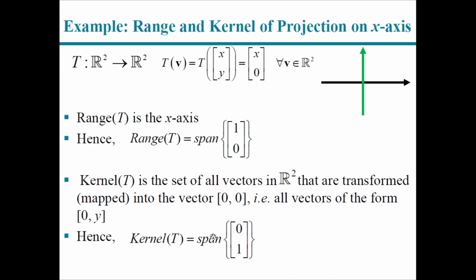If you factor y, you get y times (0, 1). So the kernel is span of vector (0, 1), everybody living on the y-axis. That's the way we find the kernel and the range. For some transformations, it's easier than for others, obviously.